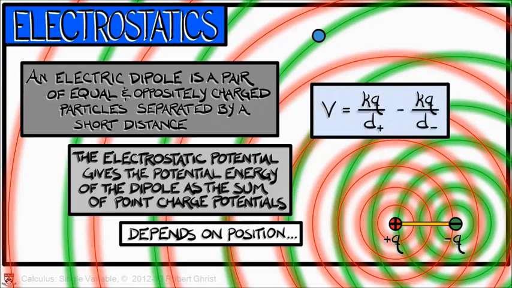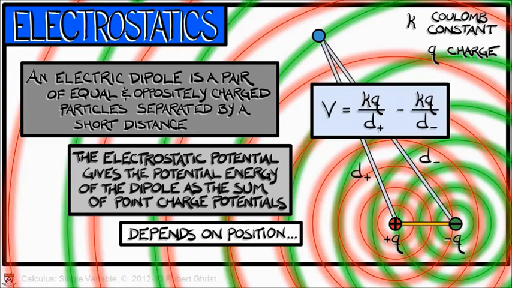V is equal to kq over d plus minus kq over d minus. What does that mean? Well, k is a constant, the Coulomb constant. Q is the amount of charge on each element of this dipole. And d plus and d minus are the distances, respectively, to the positive and the negative charge in the dipole.